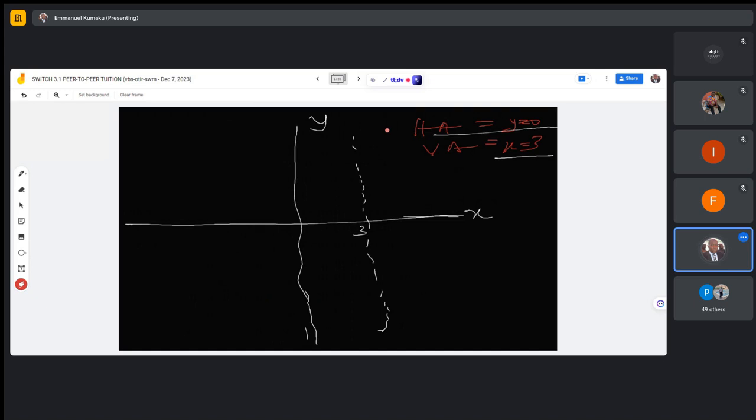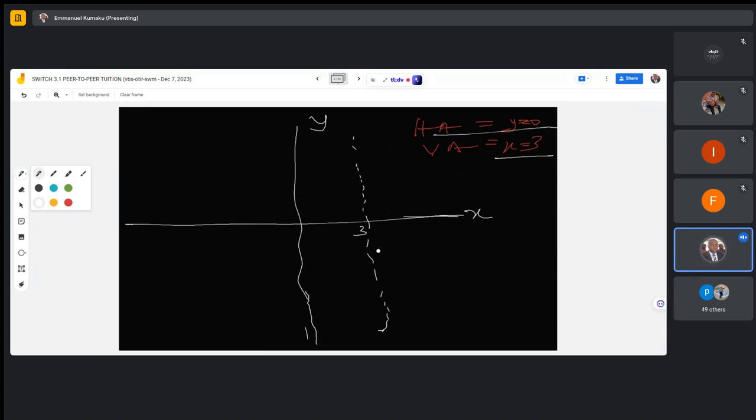These 4 compartments. So how do we determine whether our graph will be here, there, here, or here? I say you pick test points for s. Then you pick the original equation, you slot them inside. It will give you the idea.